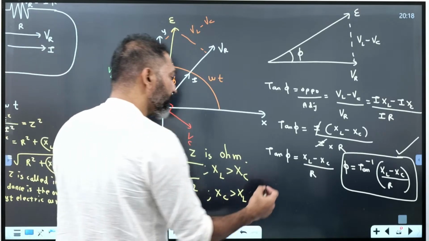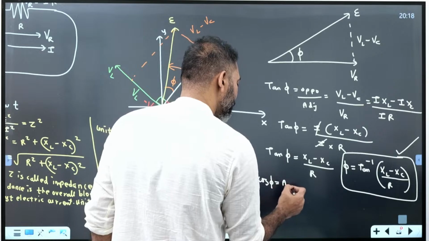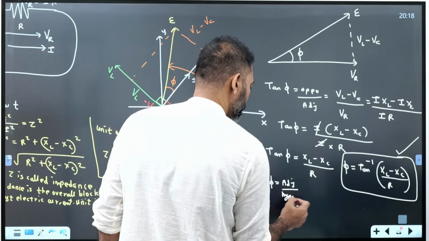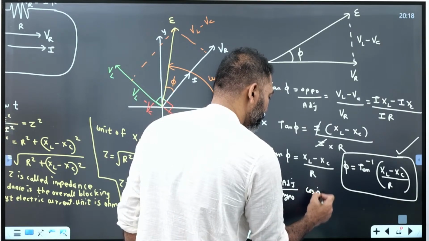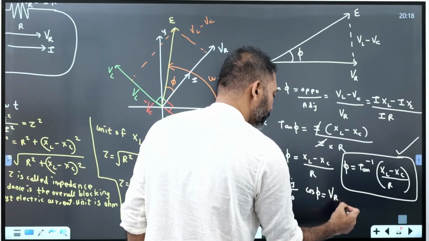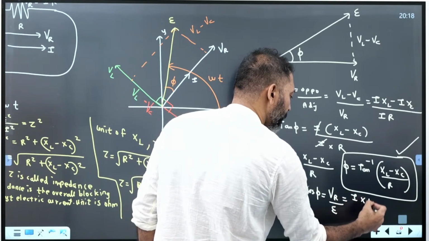Now what is cos phi? Cos phi is equal to adjacent side by hypotenuse. What is the adjacent side here? V suffix R. What is the hypotenuse? Total EMF. V suffix R is current into resistance.